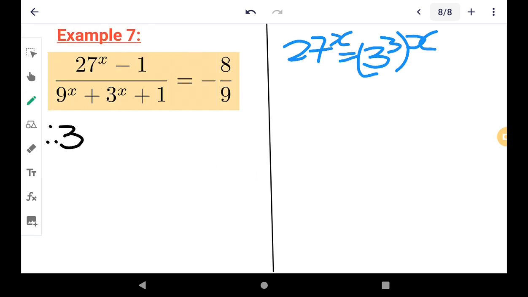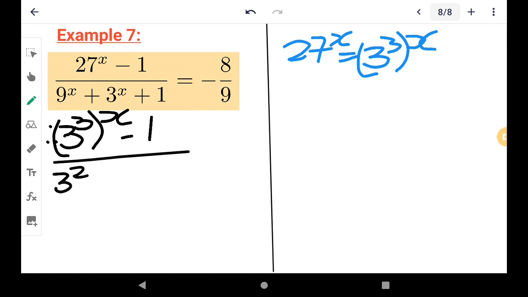Therefore, 3 to the power of 3 all to the power of x, minus 1, all over 9 can be written as 3 to the power of 2, plus 3 to the power of x plus 1 equals minus 8 over 9.